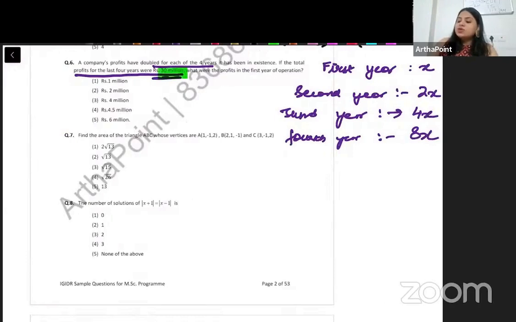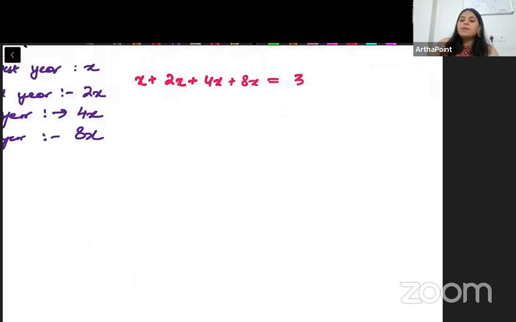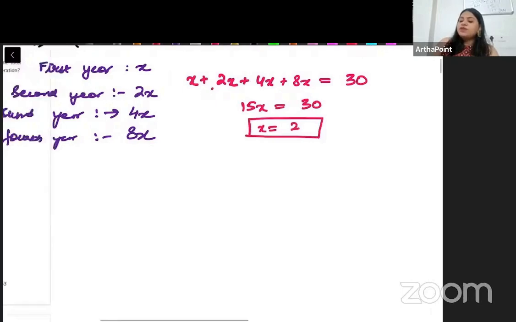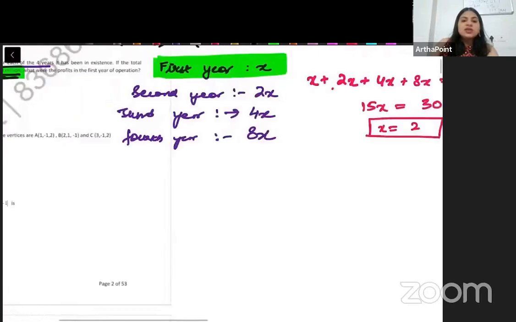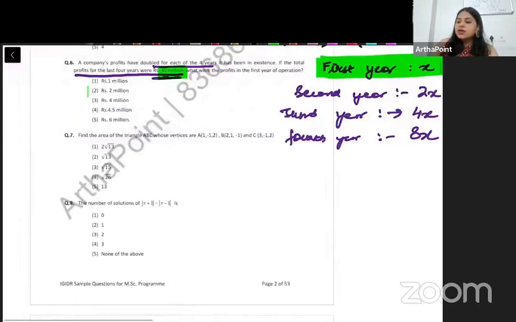So beta, 4, 5, 6, 7, 8, 9, 10, 11. So what do I get? 15x is equal to 30. So x will be 2. x is your profit in the first year, beta. So the profit in the first year will be 2 million. So that's the answer to your question. Simple.